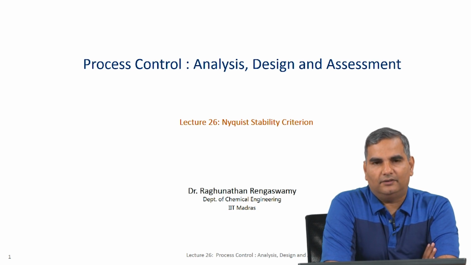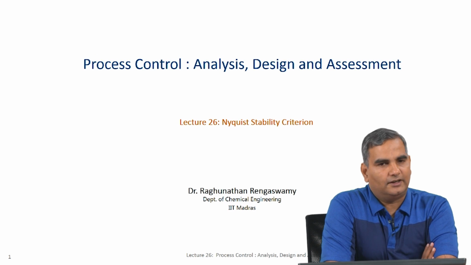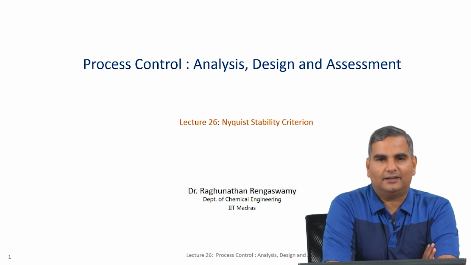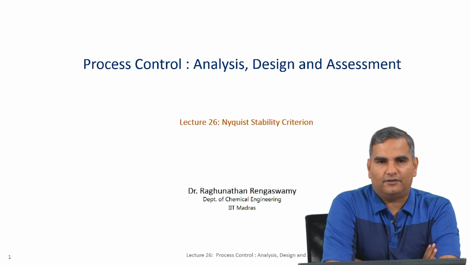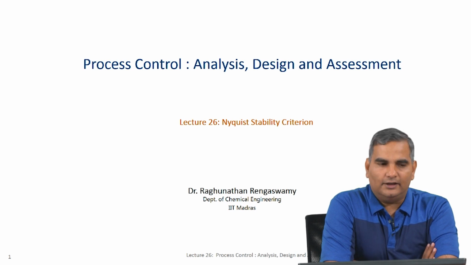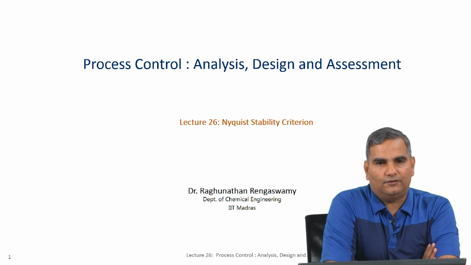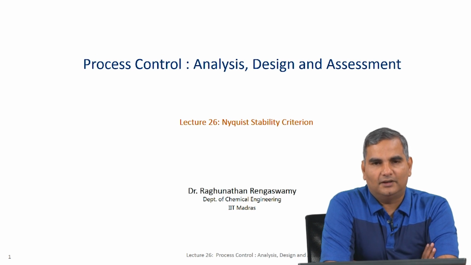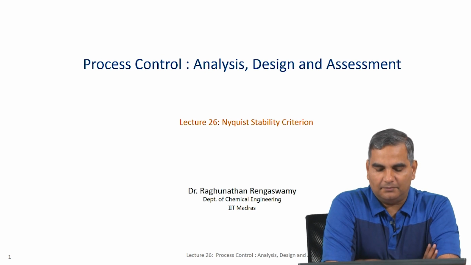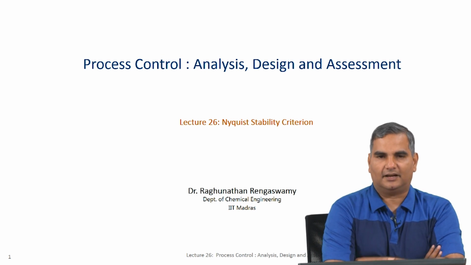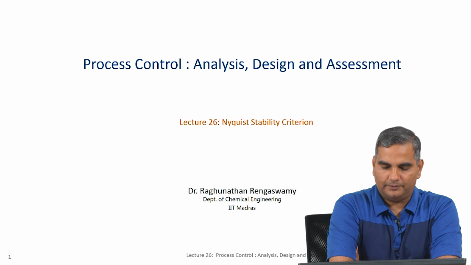So, ultimately this e power minus tau ds term, whether it comes in the numerator or denominator with other polynomial terms, for every S on the contour on the S plane you can simply compute this f of S. Okay. And once I tell you that whatever result that we saw is also true even if you have this e power minus tau ds terms, then it clearly says now that we have a way to analyze the stability of time delay systems. That is a connection that I want you to realize.